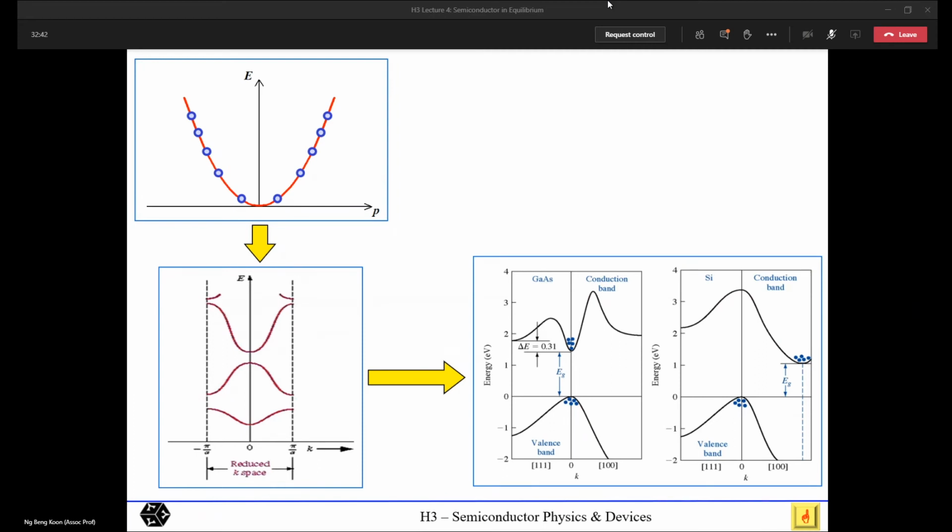This EK relation is different in different directions of travel in the crystal, because in a certain direction the spacing between the atoms is of a certain value. If you move in a different direction, the spacing will change, which affects your Schrödinger equation solution and leads to a different EK diagram.